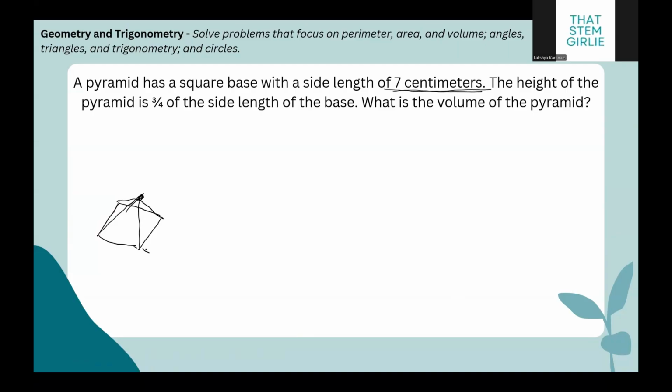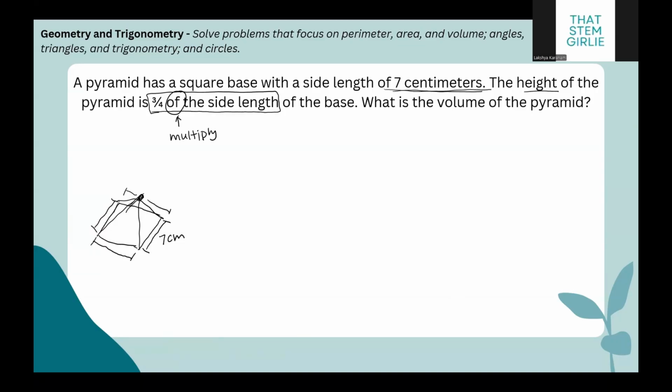So it's a square base with a side length of 7 centimeters. This means that this length right here is 7 centimeters, and since it's a square base, all of these side lengths are also 7 centimeters. Okay, it's giving you that the height of the pyramid is 3/4 of the side length. So do you remember what I just said earlier about the word of? Of is a keyword that tells you that you need to multiply.